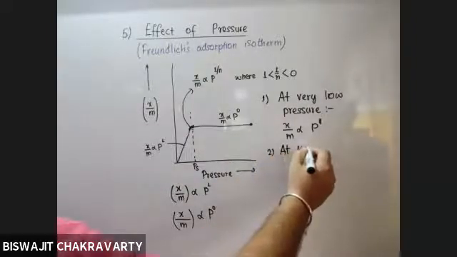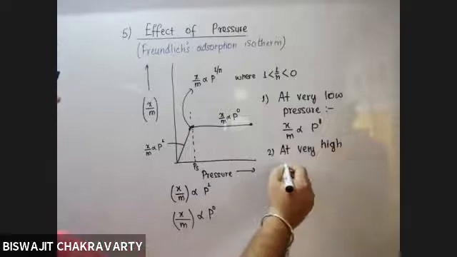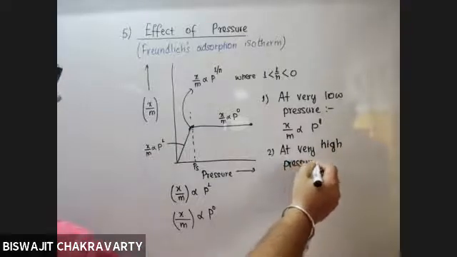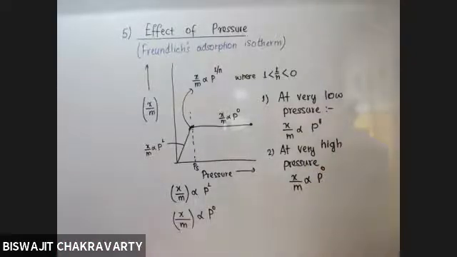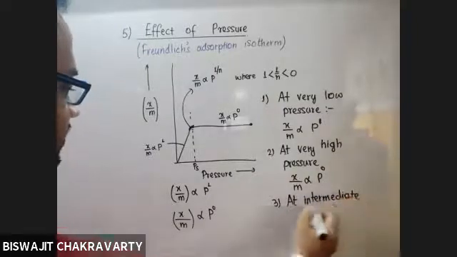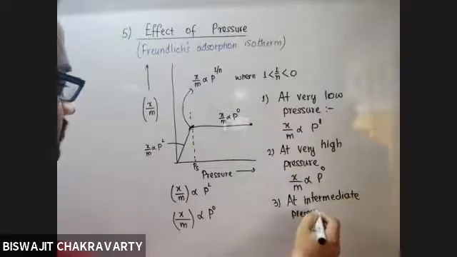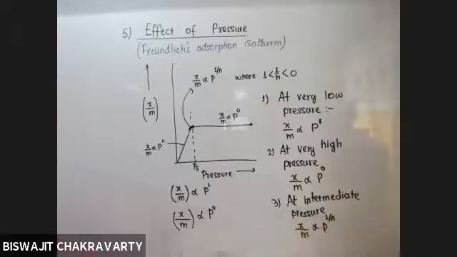At very high pressure, what can I write? x by m proportional to P to the power 0? Yes. At intermediate pressure, x by m proportional to P to the power 1 by n, where 1 by n lies in between 1 to 0.